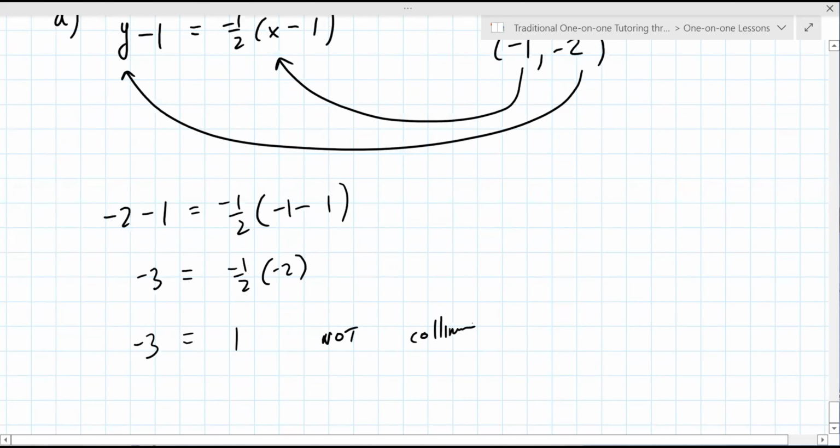Collinear is when it is on the line, when they are equal. Now, I know I say this a lot, but this is actually the one time where you really, really need to go back and probably redo all of these examples at some point, whether it's tonight, tomorrow, or watch the YouTube. This is going to be really hard for you because, like you said, of all the steps.